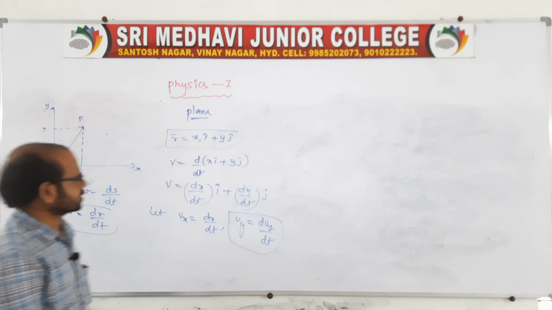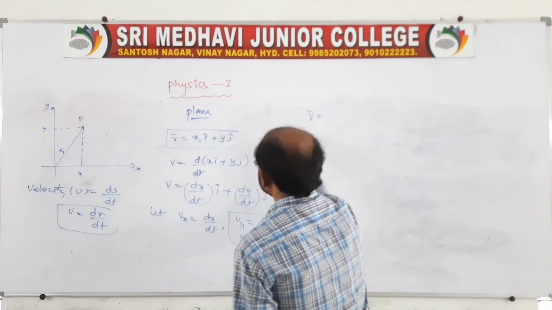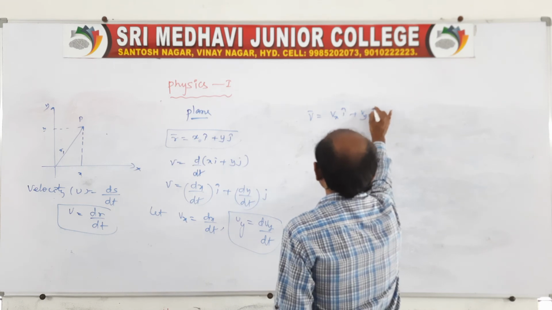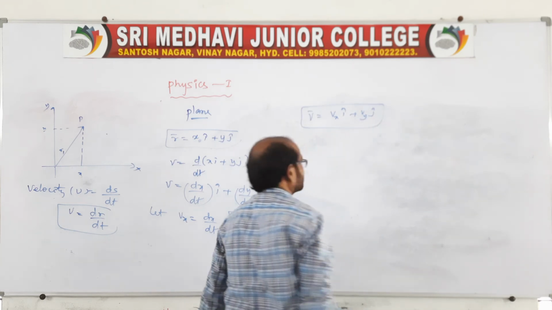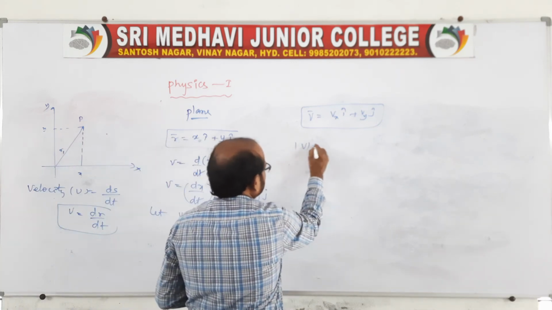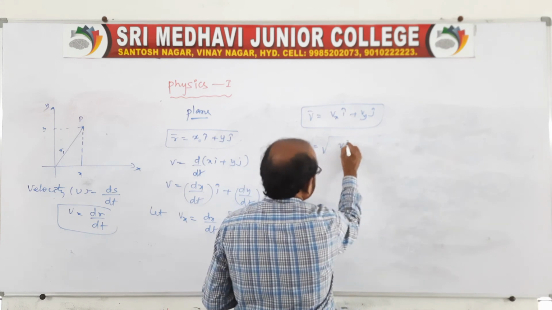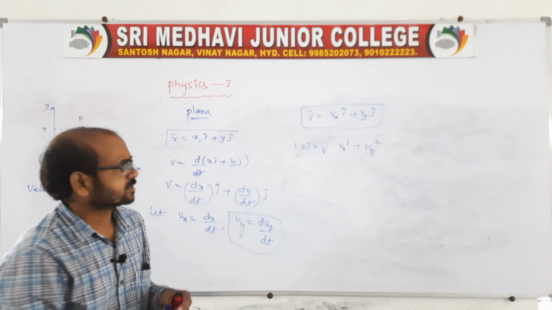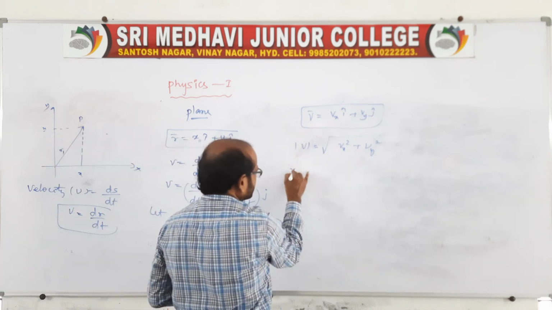So in this, the velocity vector is equal to vx i cap plus vy j cap. This is the velocity in case of a motion in a plane. So the magnitude of v will be the square root of vx square plus vy square. And since we have vx and vy, we have to get the angle also.